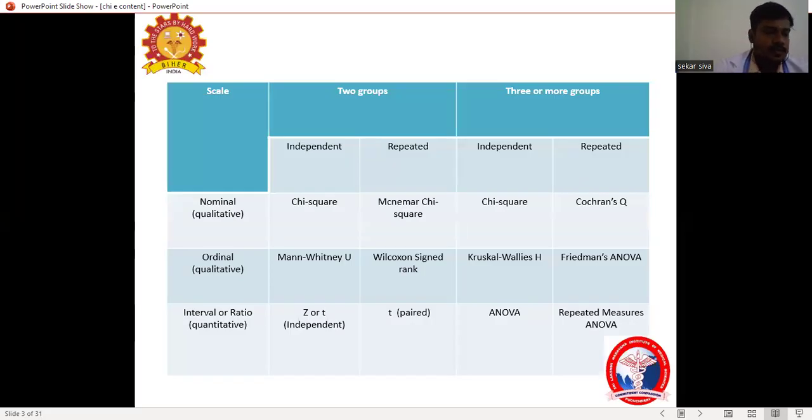Based on the scales of measurements and type of data, a variety of tests are available. If it is a nominal variable, between two groups, if it is independent, we can choose the chi-square test. Nominal data, independent, we go with chi-square, which means the groups are not related to each other.